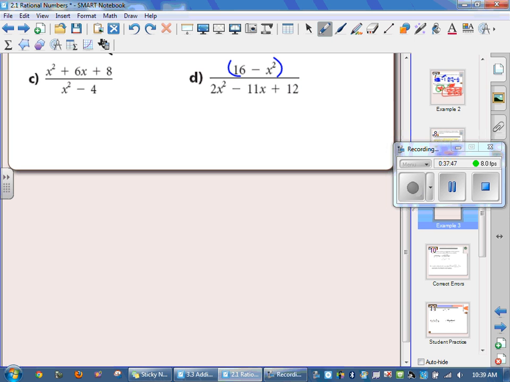How come? Because if you look at the bottom when I factor it after, I need to be able to cancel things out. And I'm not going to be able to cancel things out when everything sits as an x plus something or an x subtract something. That's not how my original was sat over here. If I would have factored the top here and square rooted, I would have had 4 minus x and 4 plus x. Those do not cancel with these ones that look like this. x plus 4, x minus 4. Okay?